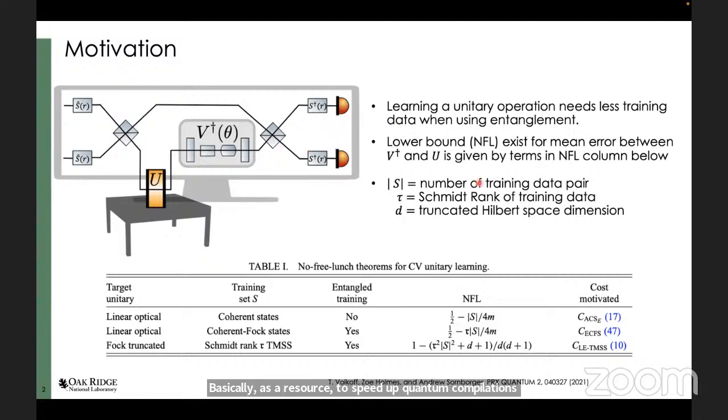The way that essentially works, as a reminder, is you have some unitary that we're trying to compile or learn. And we have some subsystem in here, V dagger, that has a sufficient number of parameters to learn that unitary. Basically, you can use entanglement as a resource to reduce the size of your training data set, where that size is this absolute value of S, the number of training data pairs.